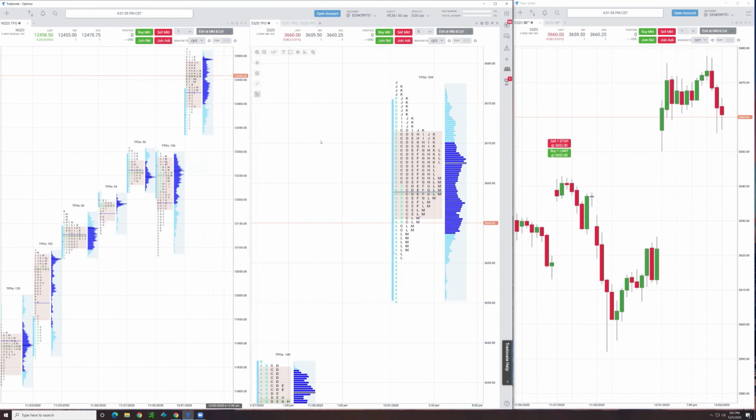Hopefully I've described what a TPO chart is. Essentially, it is a graphic. It's hard to call it a chart. It is a chart, but you're so used to thinking of charts based on time or bars that build. This isn't so much bars that are building.